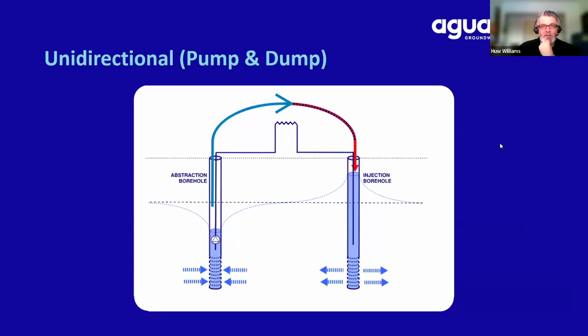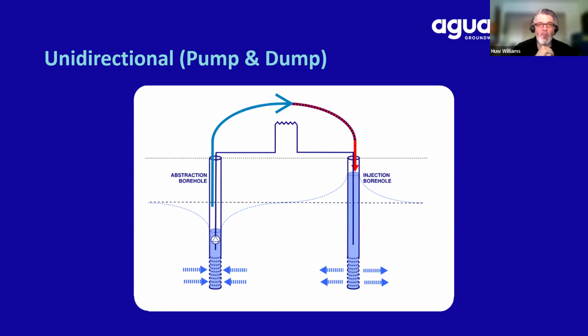Before I leap into some of the modelling, I just want to make sure that we're talking about the same technology here. Today, I'll be talking about two types of open loop ground source heat pump system: the unidirectional dump and pump dipole well doublet system.